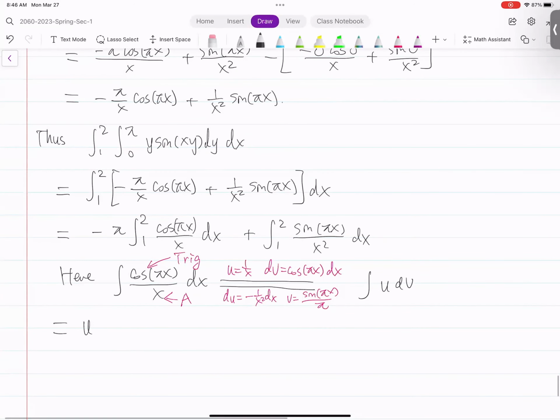So it's uv minus the integral of v du. uv is sine of pi x, the whole thing over pi x, minus the integral of v du, which is sine pi x over pi times negative 1 over x squared dx.